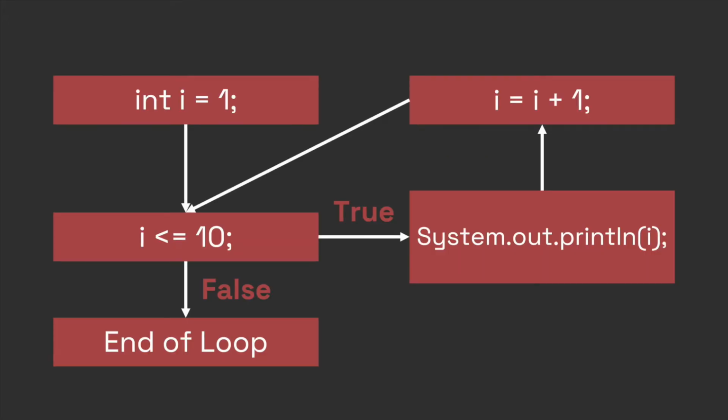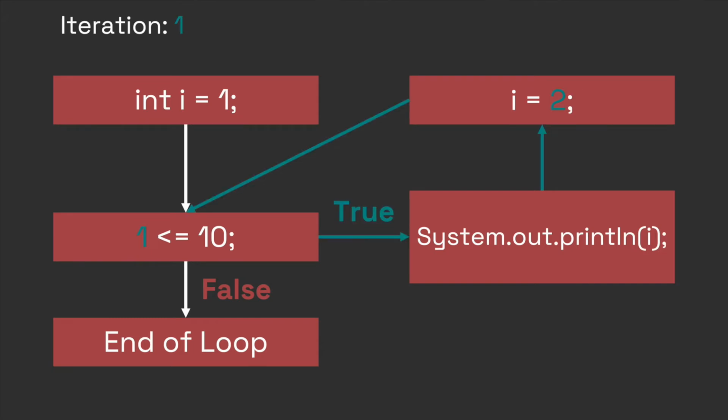Here's what the same code looks like in diagram form. Notice how the structure is very similar to the general loop diagram. Before our initial iteration of the loop, the variable i is initialized to 1. On the first iteration, the condition is checked and evaluates to true, so the print statement executes and then i is updated to 2. Then it enters the loop again on iteration 2 and the condition is checked again, and the loop continues.